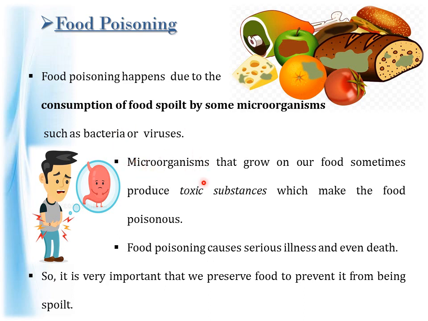These microorganisms that grow on our food sometimes produce toxic substances which make the food poisonous, and food poisoning may cause serious illness and even death. So it is very important that we should preserve our food from being spoiled.